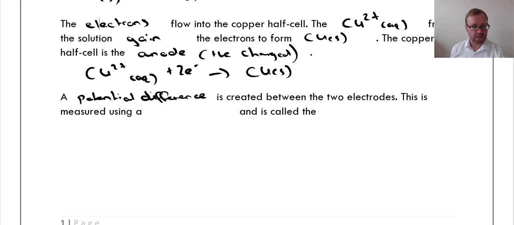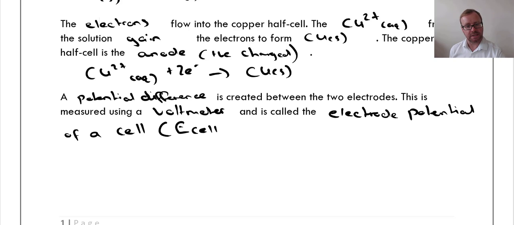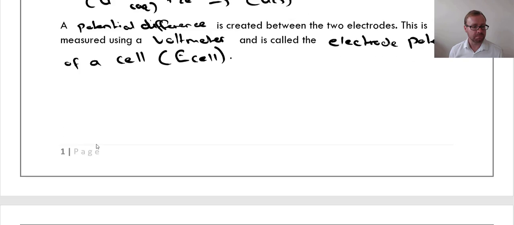This is measured using a voltmeter, and it is called the electrode potential of a cell, usually labelled as E cell, and that's what we're going to measure today. I assume you've done electrolysis before. It basically is electrolysis.